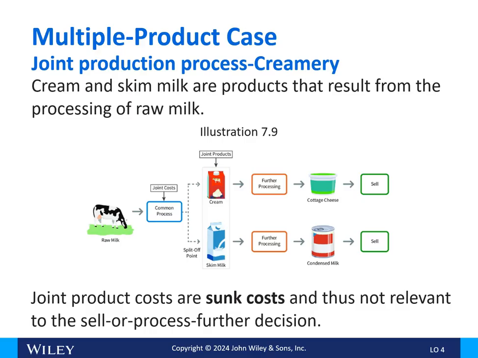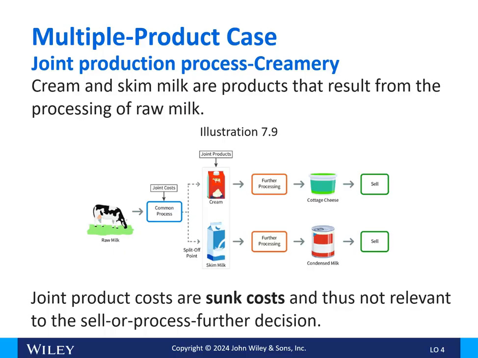Now a joint production process, a creamery in this case. Cream and skim milk are products that result from the processing of raw milk. So we have raw milk from the cow, we have common processes, and the cost of that we call joint costs, and then we're at a split-off point. We can take cream, process further, and make cottage cheese and then sell that.